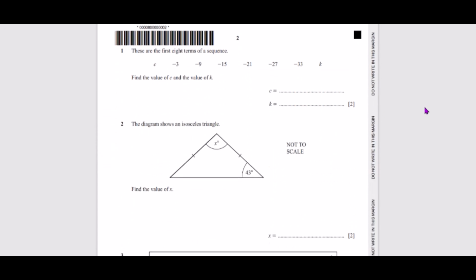Question number 1. These are the first 8 terms of a sequence. Find the values of C and K. If we see these two terms, this is a difference of -6, and also this is a difference of -6.